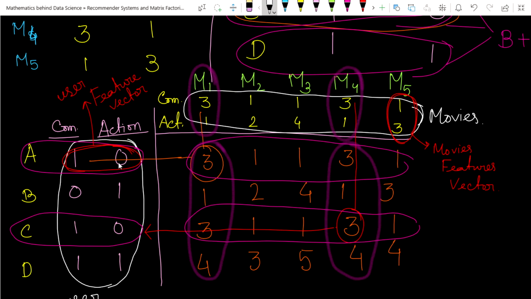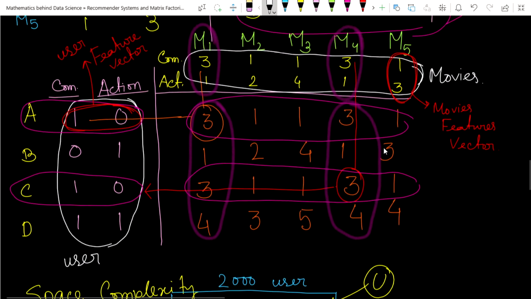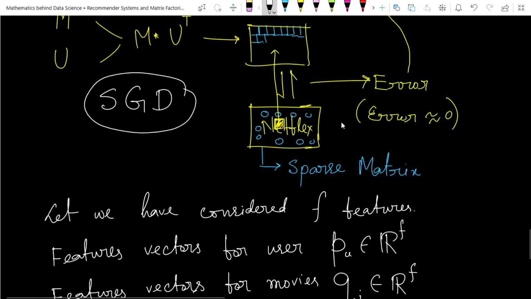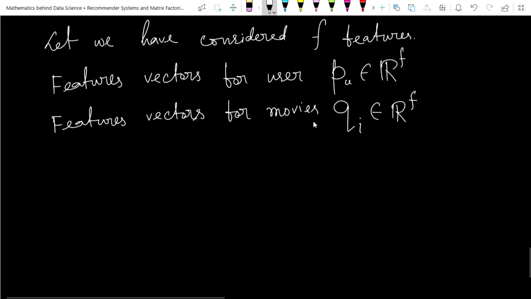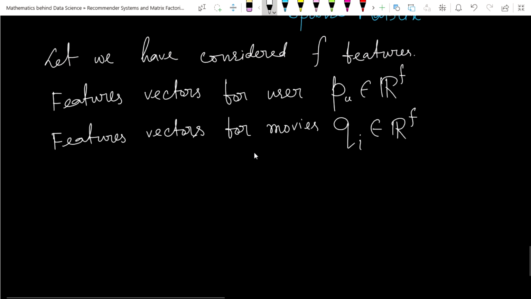Somehow we have to make the dot product, and the dot product will give the approximation result. Suppose r hat denotes the estimation result given by some user u.